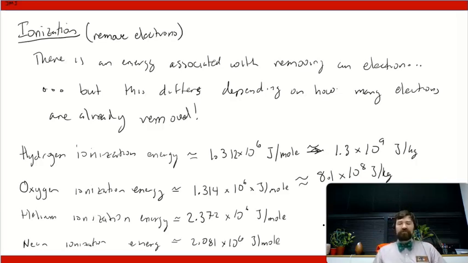Now, which of the two is the better way to compare these things? Well, if we're trying to compare to latent heat, then maybe we would want to convert over to kilograms. But the reason why we start off by converting into joules per mole instead is because remember that a mole has an exact number of particles present.